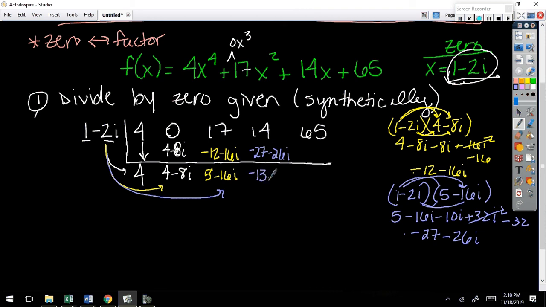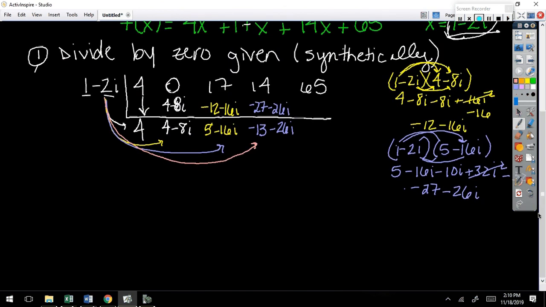All right, one more to do. Again, I know that this is a lot, but stay with me. Multiply. Okay, so again, I'm going to just FOIL this out over here on the side. So I've got 1 minus 2i times negative 13 minus 26i.